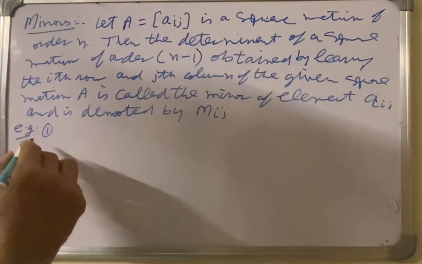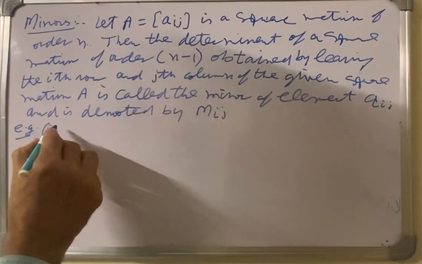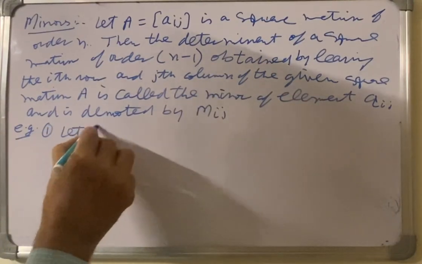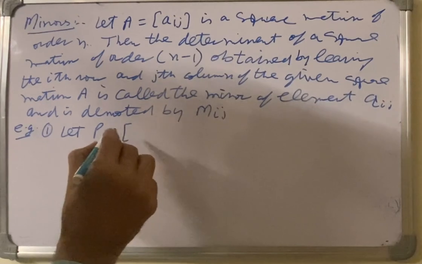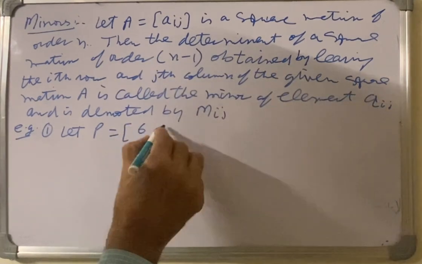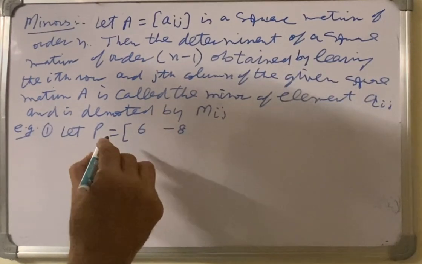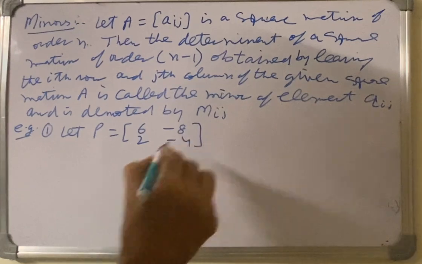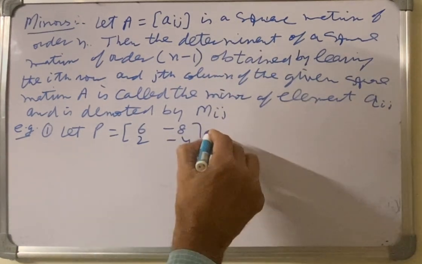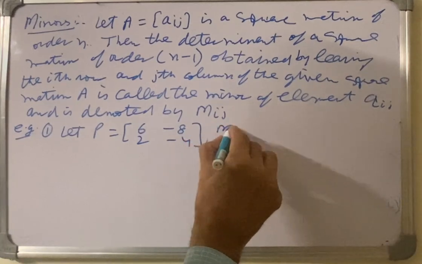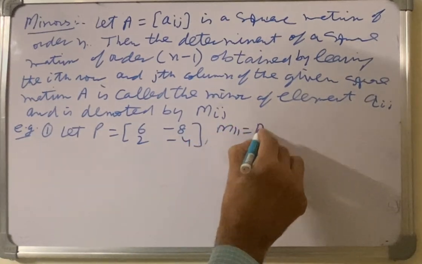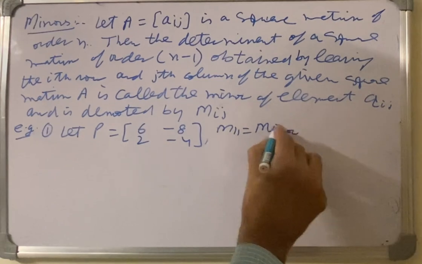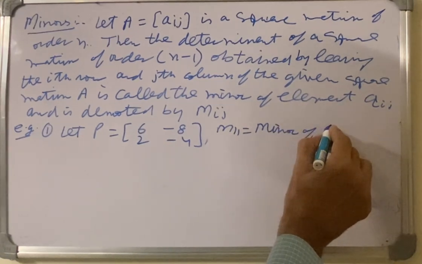For example, number 1, let square matrix P is [6, minus 8; 2, minus 4]. Then M11 is minor of 6.